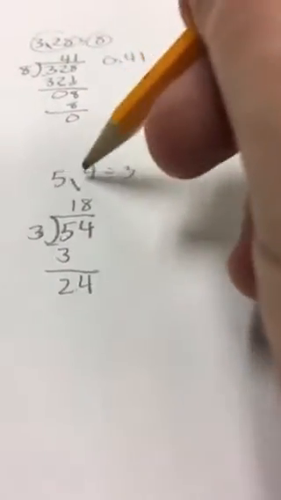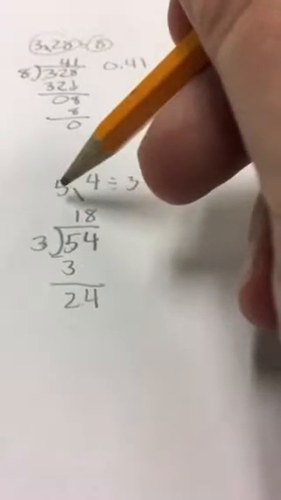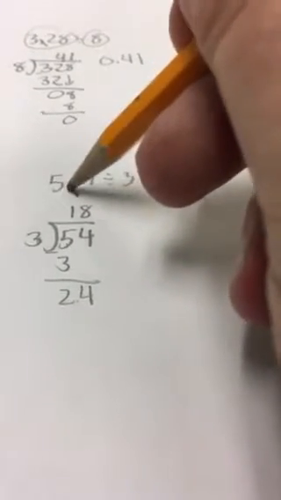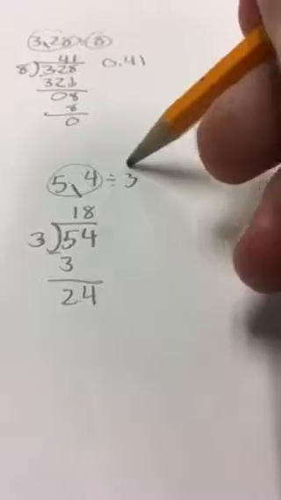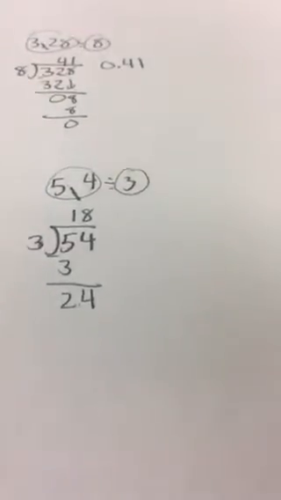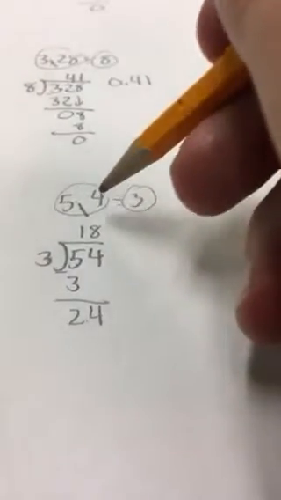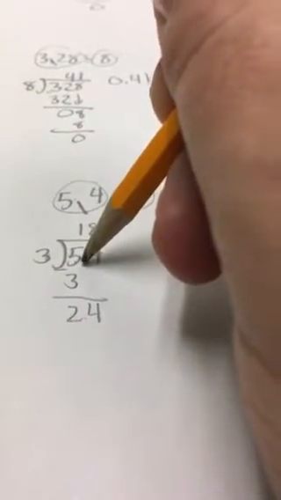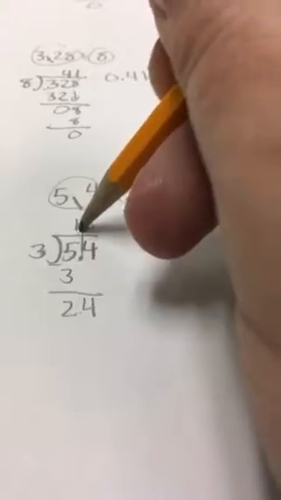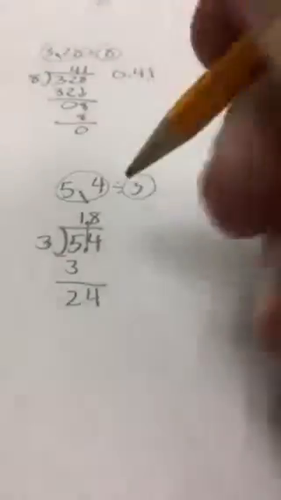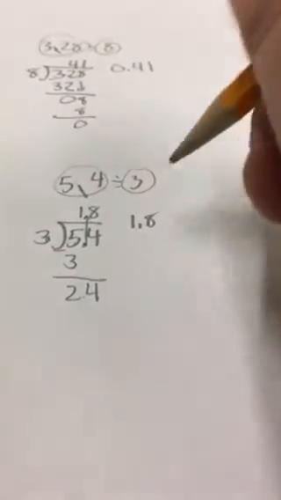As I'm looking at this, this one's a little bit tricky. Remember, I have 5 and 4, so this is a mixed number divided by a whole number. Even though it's a mixed number, remember that my decimal would go here. If I slid it up, it would be 1 and 8 tenths.